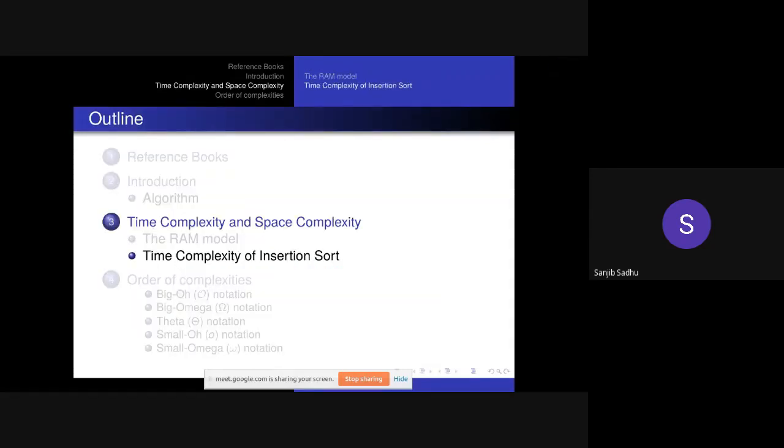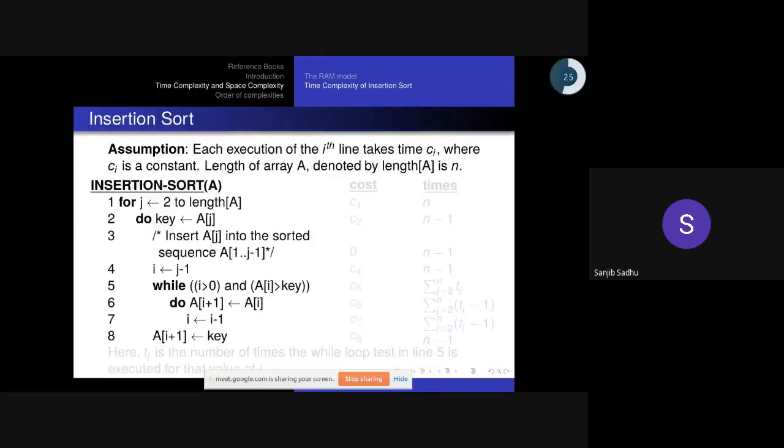So you already know the insertion sort. This is the insertion sort algorithm. Here we assume that these are the line numbers.